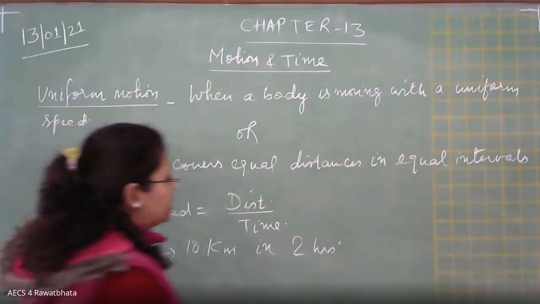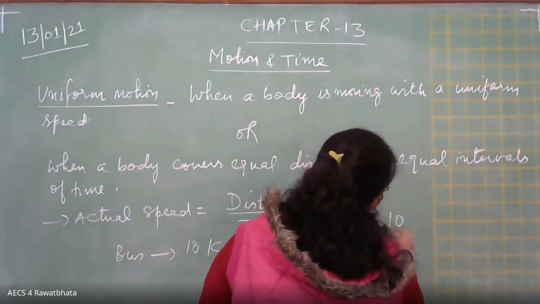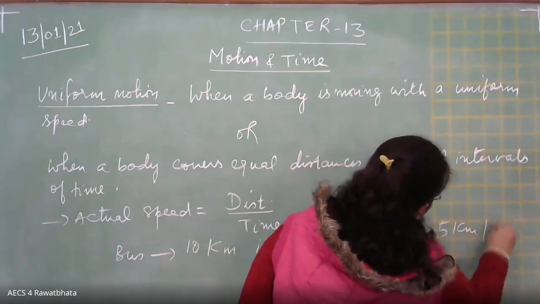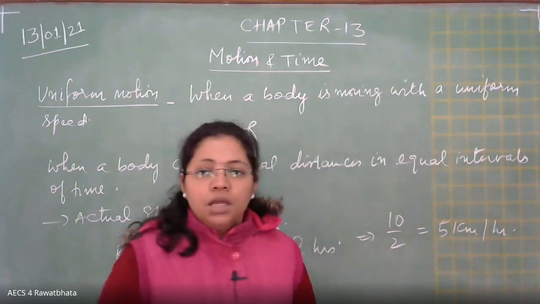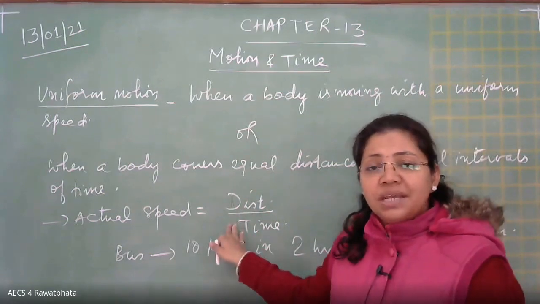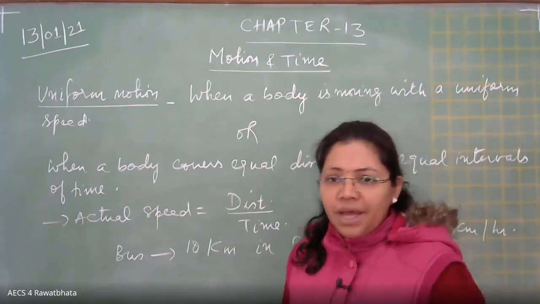So its speed will be simply 10 upon 2, and that is 5 kilometers per hour. That will be the actual speed itself, because it is maintaining a constant speed, right?